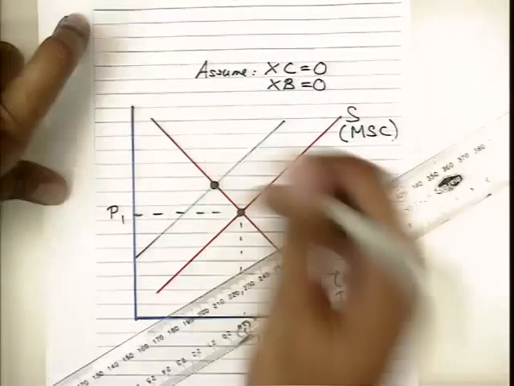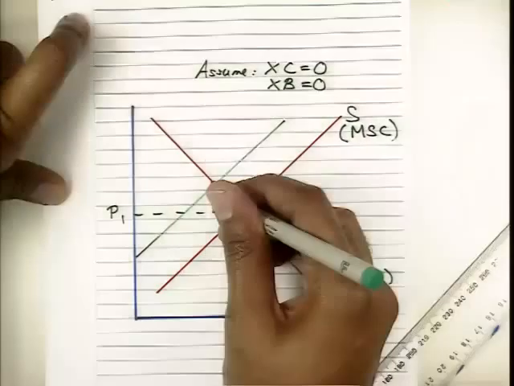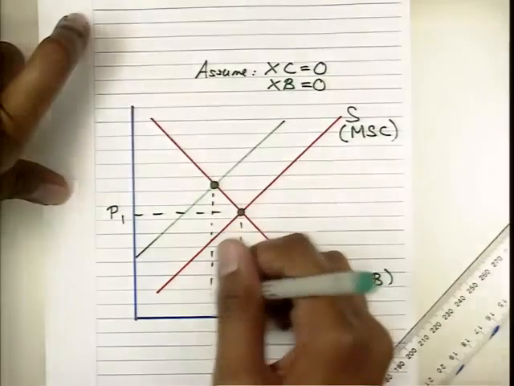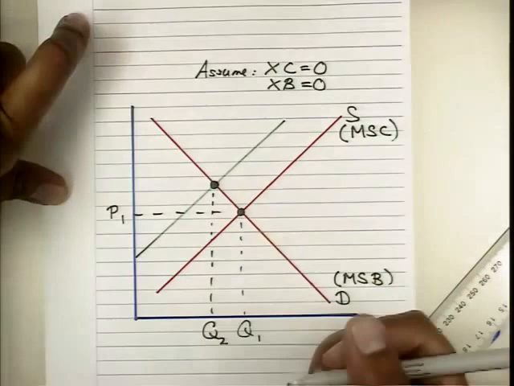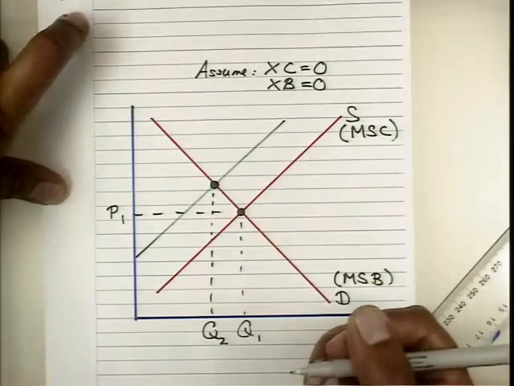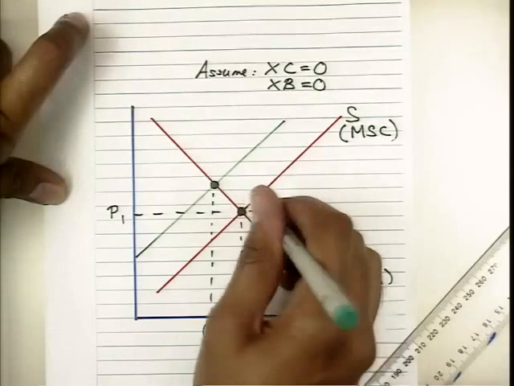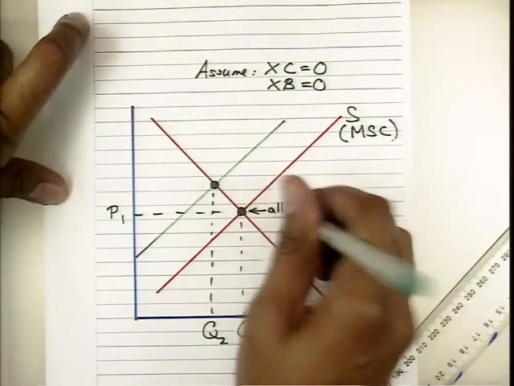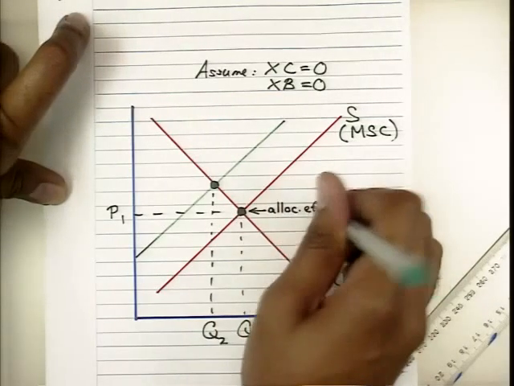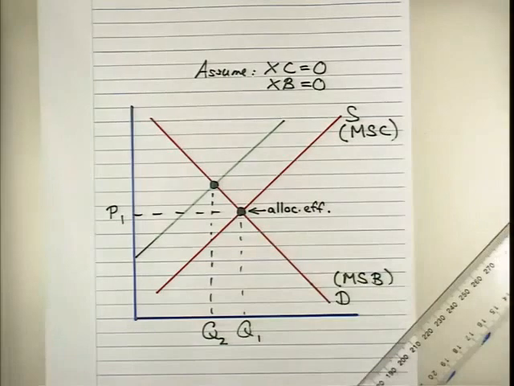Now the new equilibrium quantity is smaller than the initial quantity. Remember, this point was already allocatively efficient. The initial market equilibrium is allocatively efficient if there are no externalities.